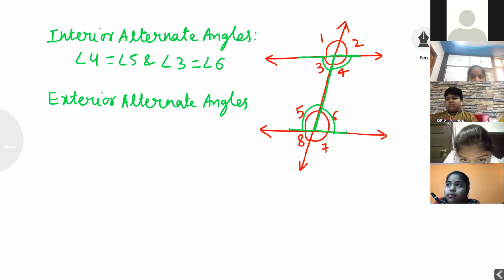Angle 1 is exterior, angle 2 is exterior, angle 7 and 8 are exterior. Angle 1 is opposite to angle 7, angle 2 is opposite to angle 8. Angle 1 is equal to angle 7 and angle 2 is equal to angle 8. This is called exterior alternate angle.